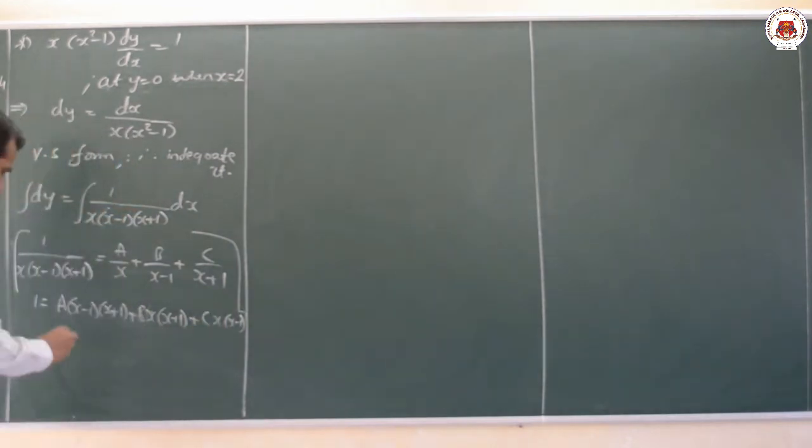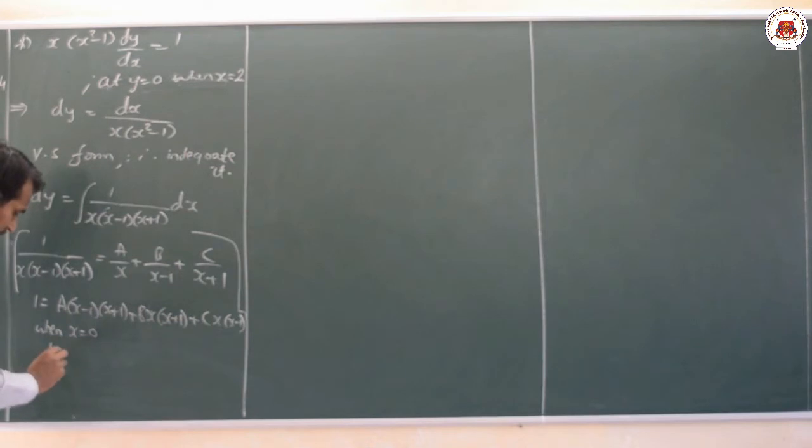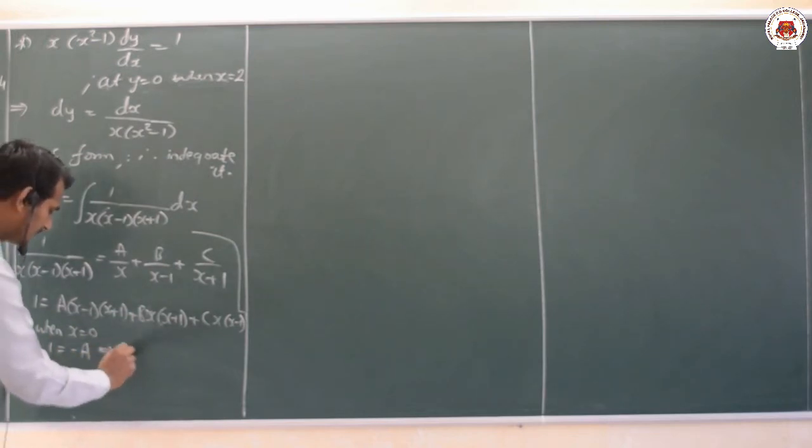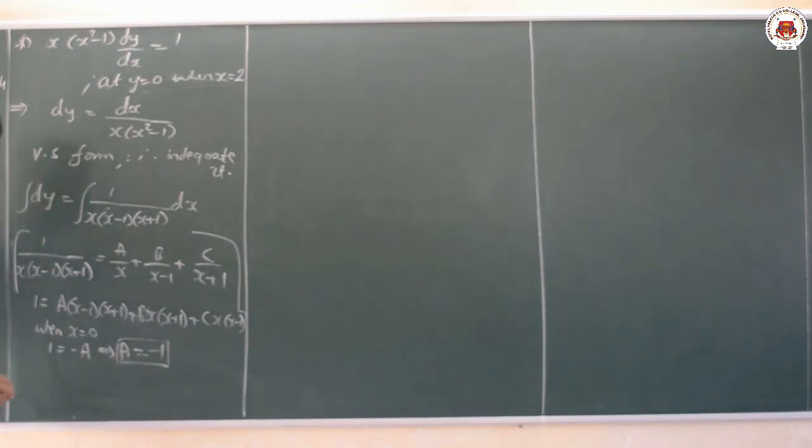Now when x equal to 0, if I substitute x equal to 0, then 1 is equal to a into (0 − 1)(0 + 1), that is minus a. That implies the value of a is minus 1.